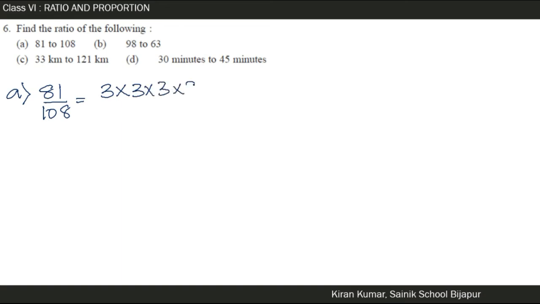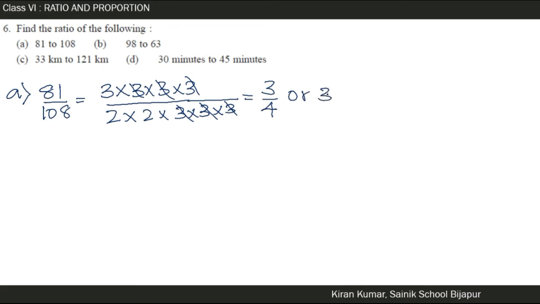We get 3 multiplied 4 times, and this other one will be 2 multiplied by 2, then 3 multiplied 3 times. So what are the things getting cancelled here? Here, the 3 times will get cancelled. We'll be getting 3 upon 4 or 3 is to 4.